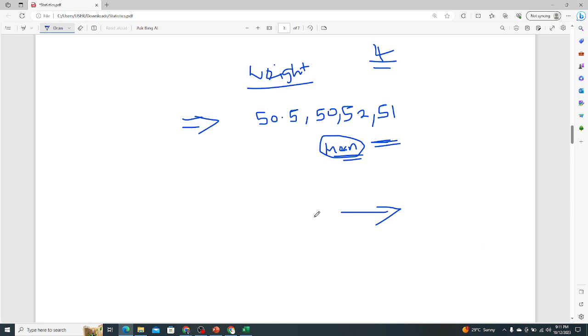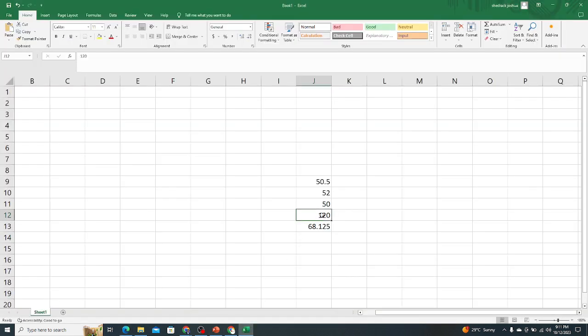If we go with an extremely small value, then the mean will adjust towards that small value. So like for example, if now I use, let's say, 5 kilograms, you can see now the mean has adjusted towards that extreme value.